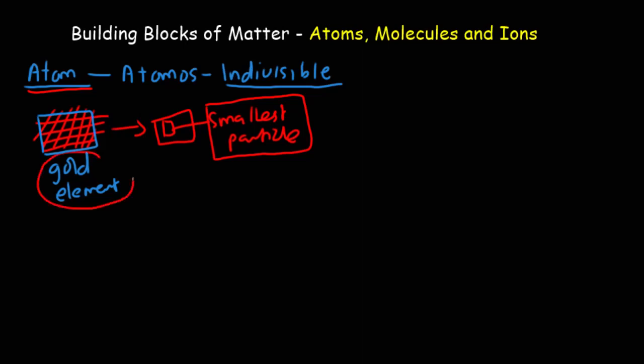So any chemical property that the gold element can undergo, the smallest particle, which is the gold atom, can also undergo the same chemical property. And as a matter of fact, the ability of every element, for example the gold element, to undergo chemical reaction is solely determined by the atom being the smallest particle.